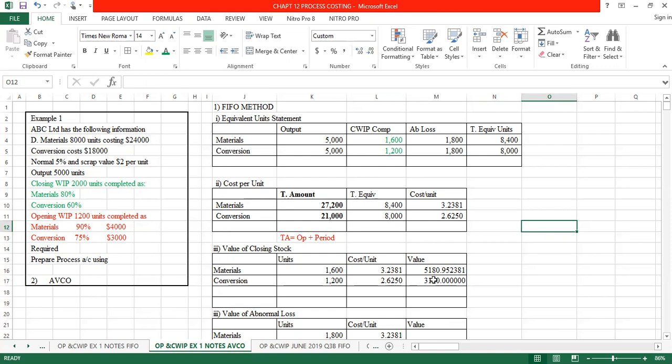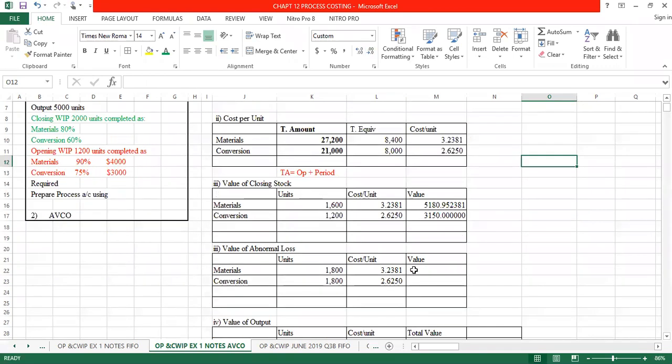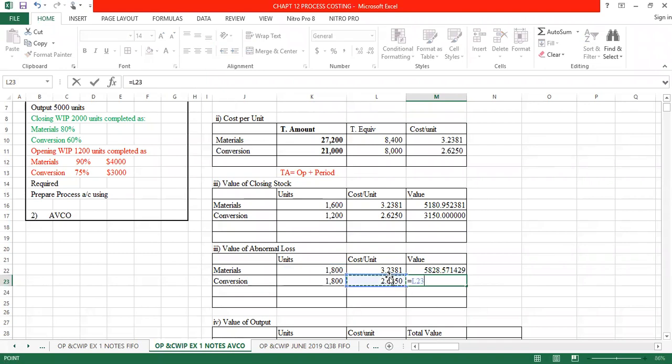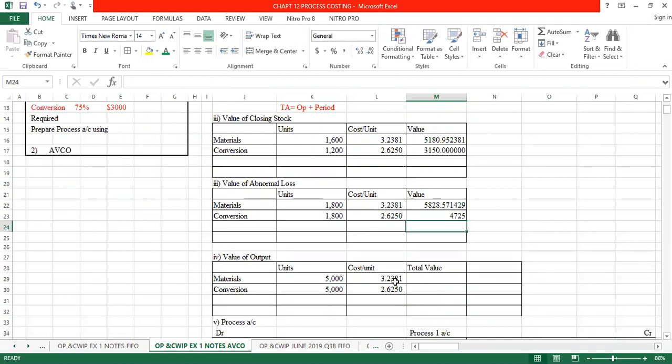Okay, we'll round off. Don't worry about that. This is 1,800 times that. We will round off. That times that, total there. We will also do the rounding off so that we are consistent.